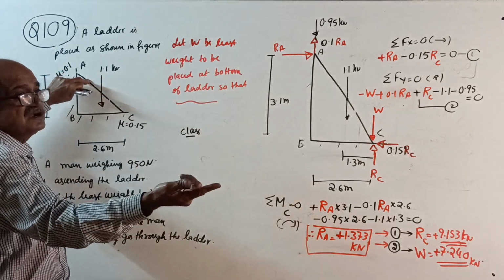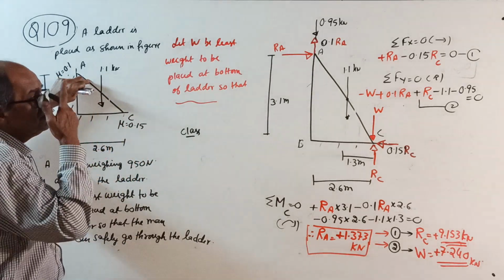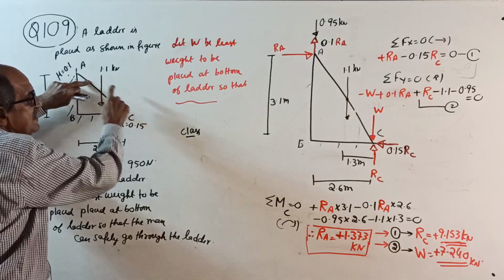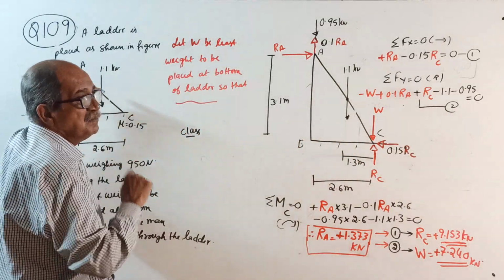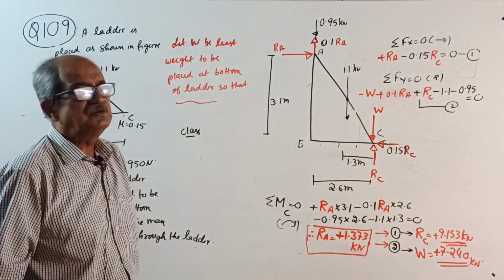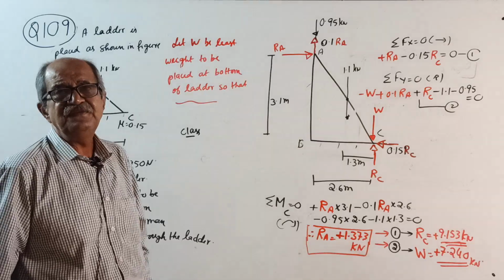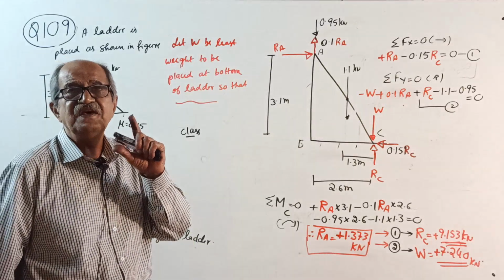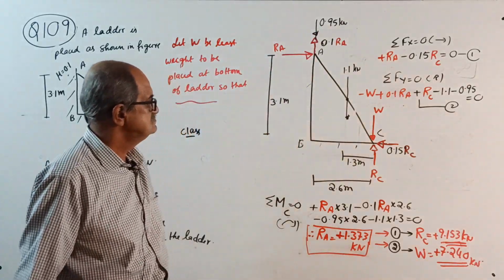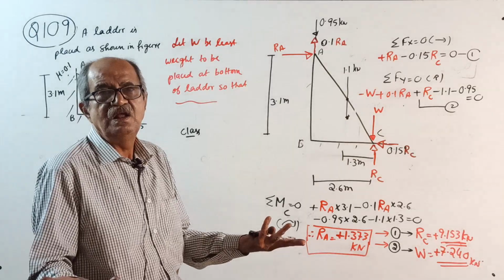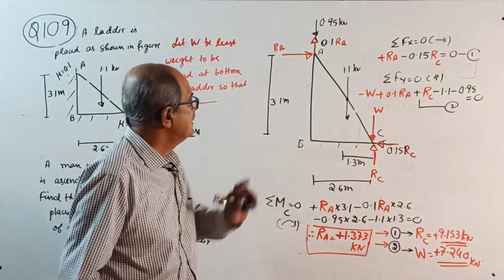That is the next question, the last question. Here I am placing the man at the top, applying W a little upper side so that the moment will come. The most dangerous situation is when the person reaches the top of the ladder. Place him there. That's all. Other things you write.